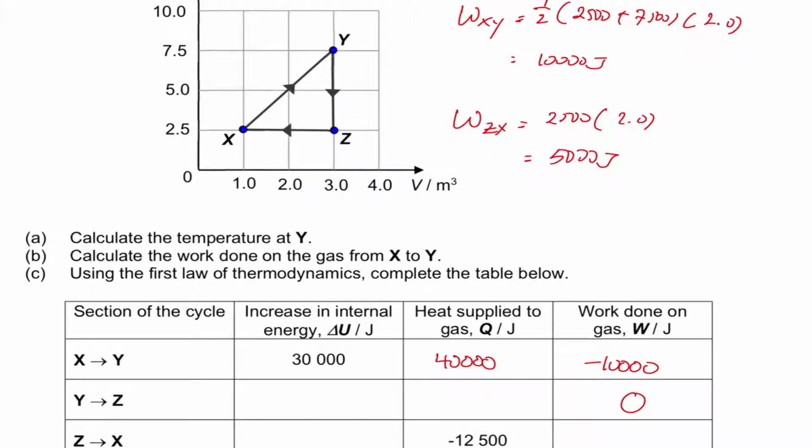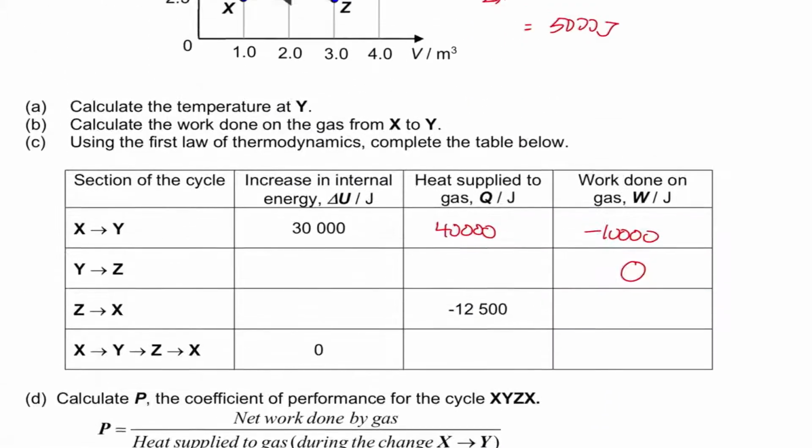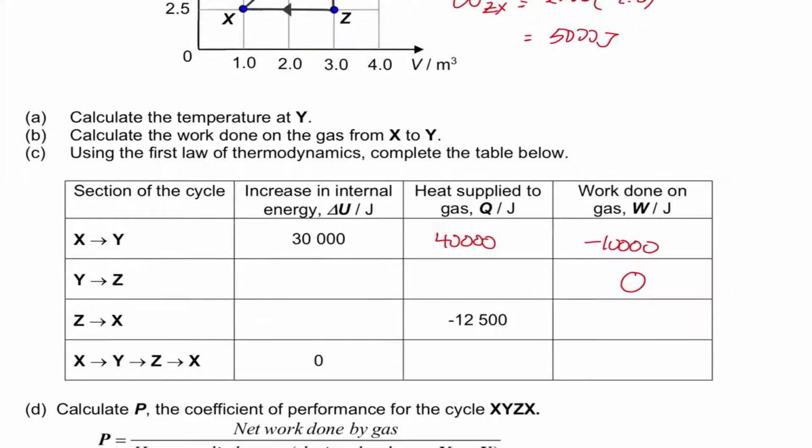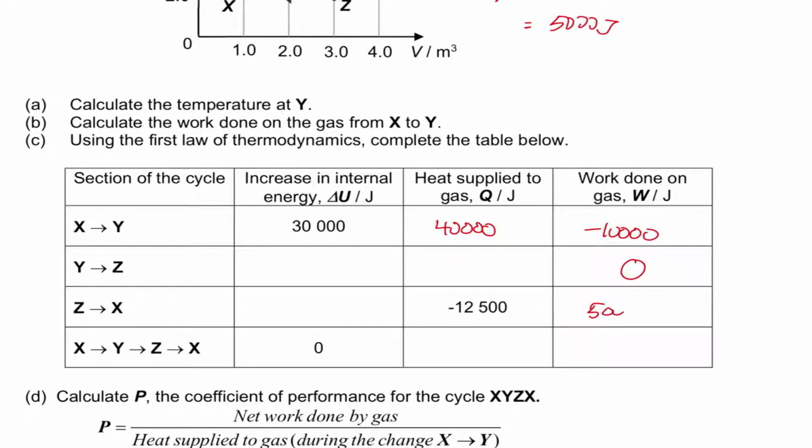Because it's a compression, I'm going to take it as a positive value. So this is 5000 joules over here. Okay, and for this one, we have this work done and the heat supplied, I can just add them together to get delta U of negative 7500.